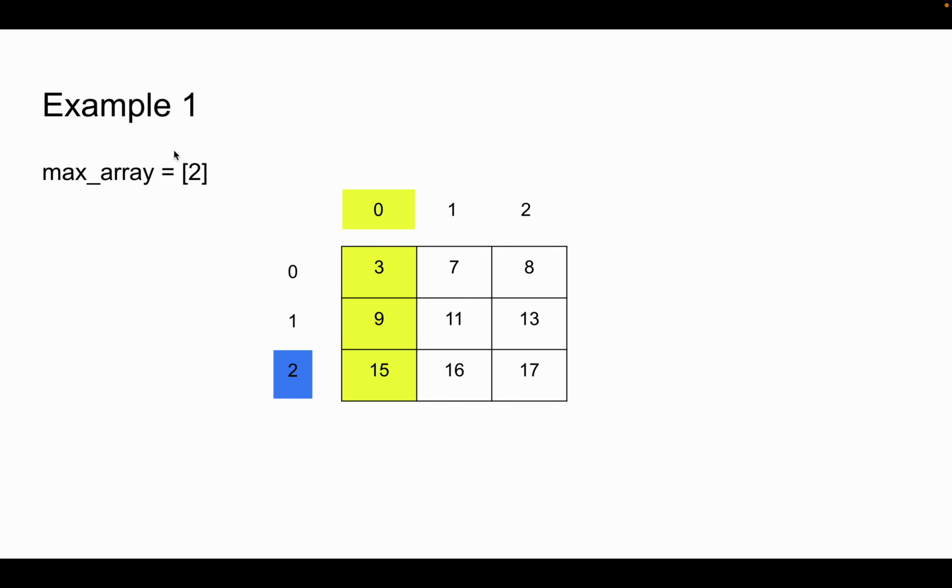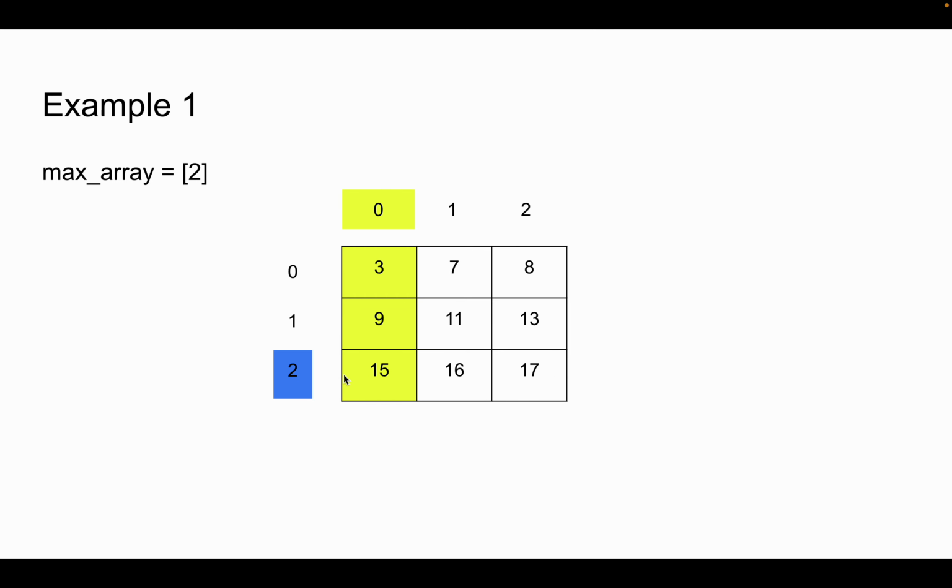For each column, I find where the maximum is, and then I store the index of that row into the max array. So later, if I look at this, it's 2. I go to index 2 and then check what is the minimum of this row.